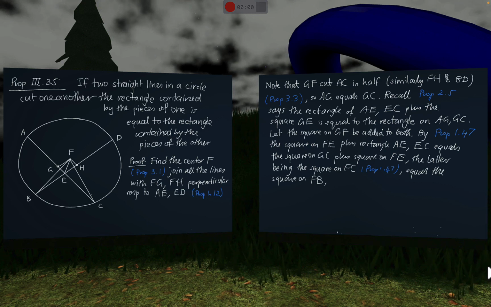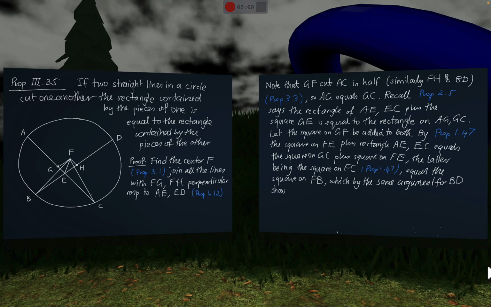And by the same argument, you just apply it to the other line, BD. So we said that the square on FE plus the rectangle AEC equals the square on GC plus the square on FE equals a whole bunch of other stuff.